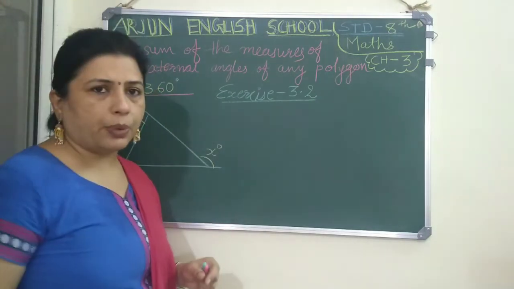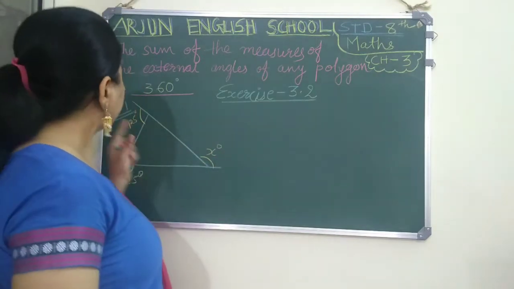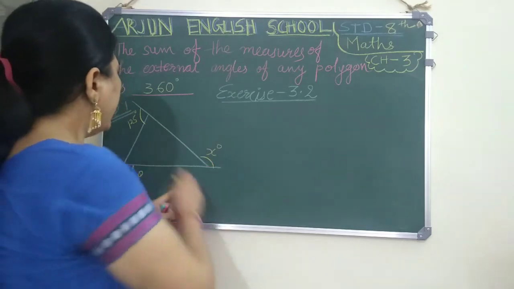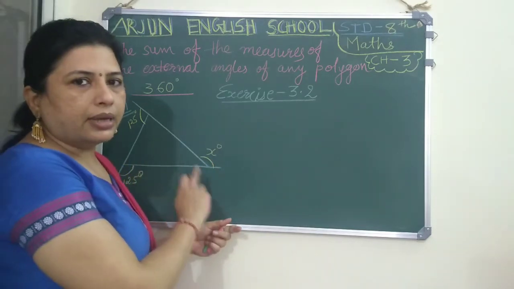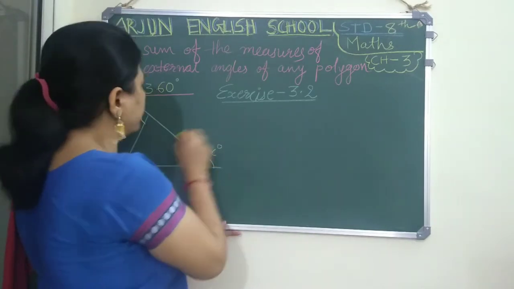Let us use this property in this question of exercise 3.2. First question is to find x, and here we know that the sum of external angles is 360. Let us use that.